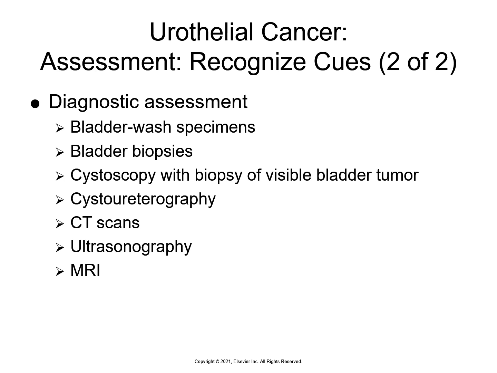That's a significant finding, so they would follow up on that. They may test voided urine specimens for cytology. Usually that's not very helpful. They may do a cystoscopy to evaluate painless hematuria, and if they see a visible bladder tumor, they may biopsy that while they're in there.